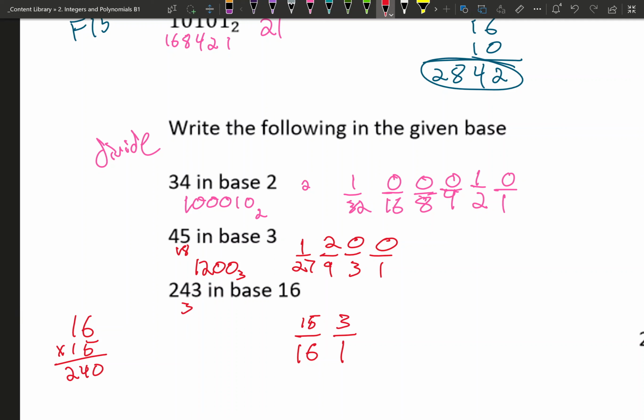So we have 15 16s and 3 1s, but we can't write that as 153. That's not clear, and it makes it look like the 1 is in the 256th place. So instead, what we do is represent 15 with F. So it is F3 in base 16.